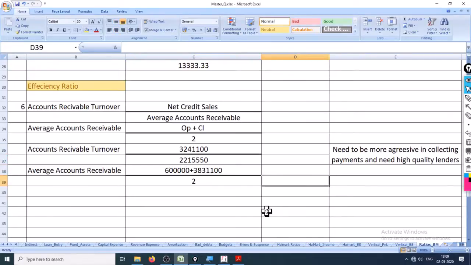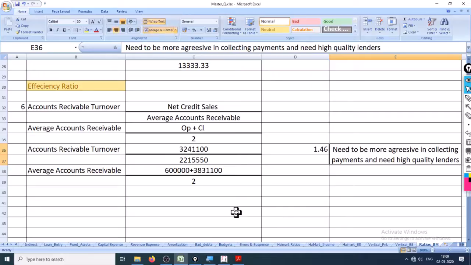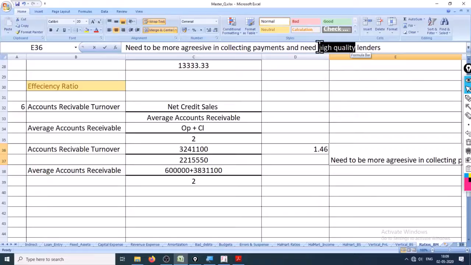The answer comes to equal to this divided by that, 1.46 times. So our debtors are paying us 1.46 times.